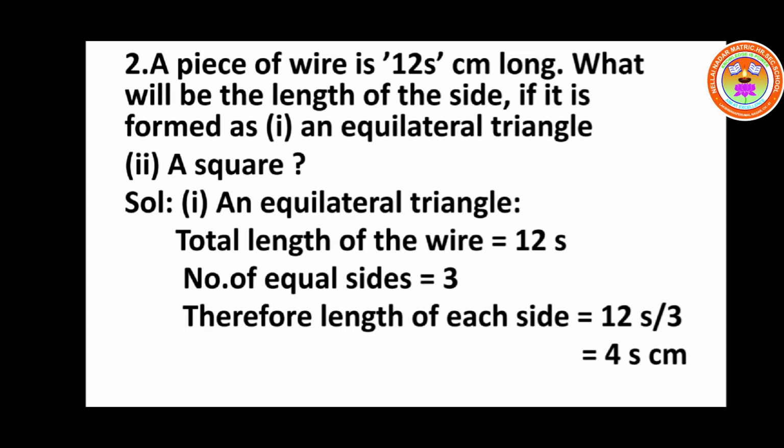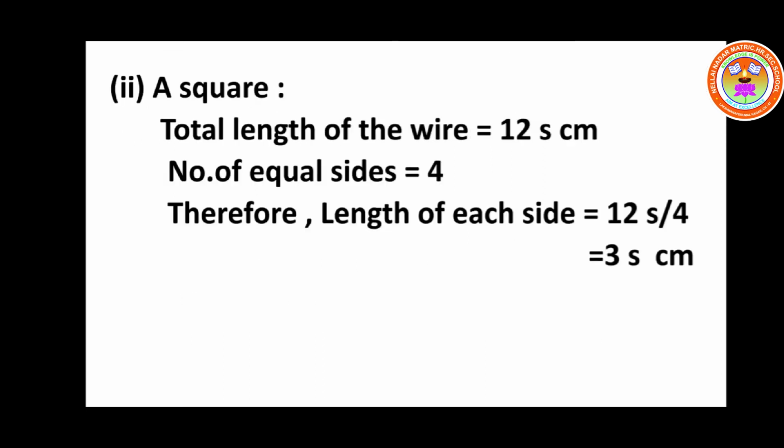All the 3 sides are equal. So now here the length of the wire is 12. So number of equal sides, how many sides it has? The triangle has 3 sides. So number of equal sides equal to 3. So therefore the length of each side is equal to 12 divided by 3. The final answer is 4 centimeter.